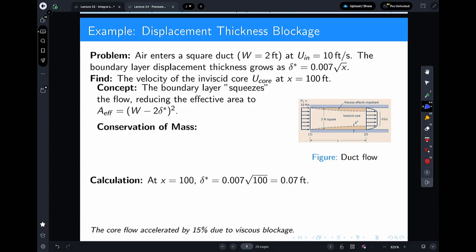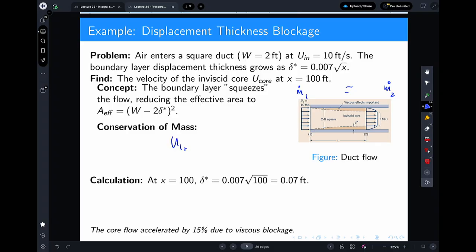What's happening is the boundary layer grows, and so it's essentially squeezing fluid, because the fluid that came in at the beginning has to come out at the end. So the same amount of mass in at 1 has to come out at 2, which means all of that mass has to be accelerated in the center in order to maintain that flow.